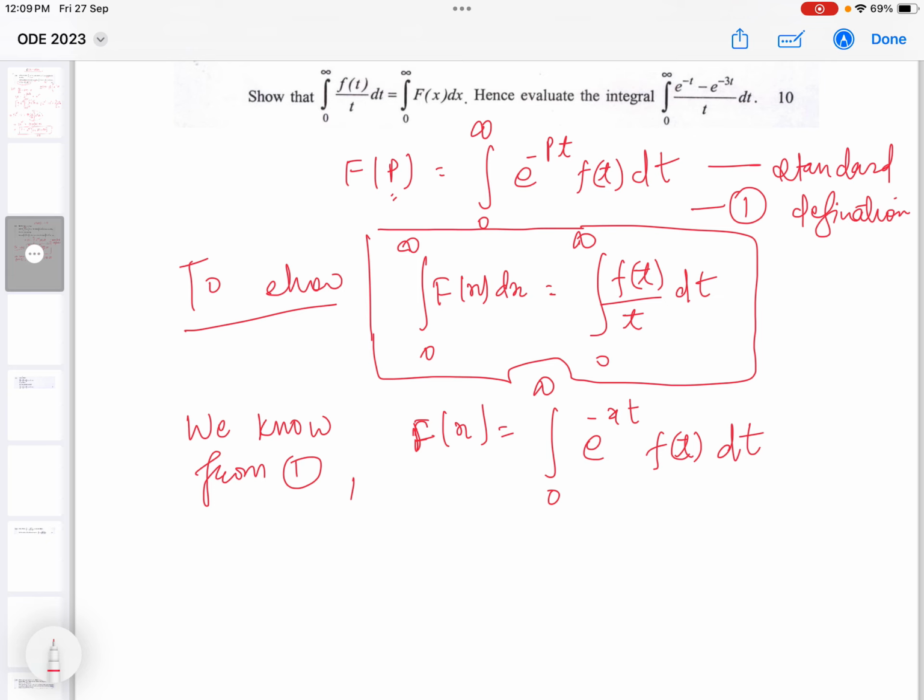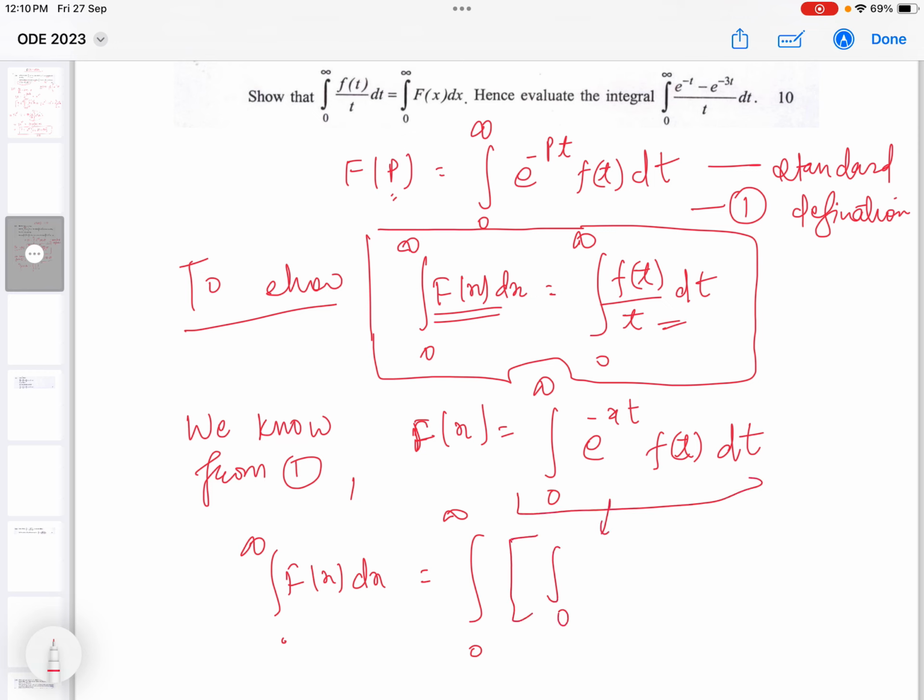Since we try to take the LHS format and get the RHS one, F of x dx from 0 to infinity becomes the integration from 0 to infinity, putting this part in brackets, of e raised to the power minus xt f of t dt, dx.